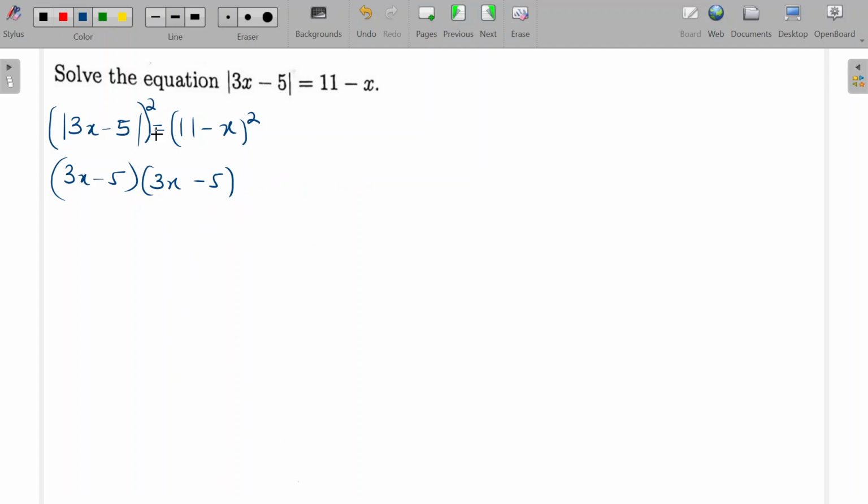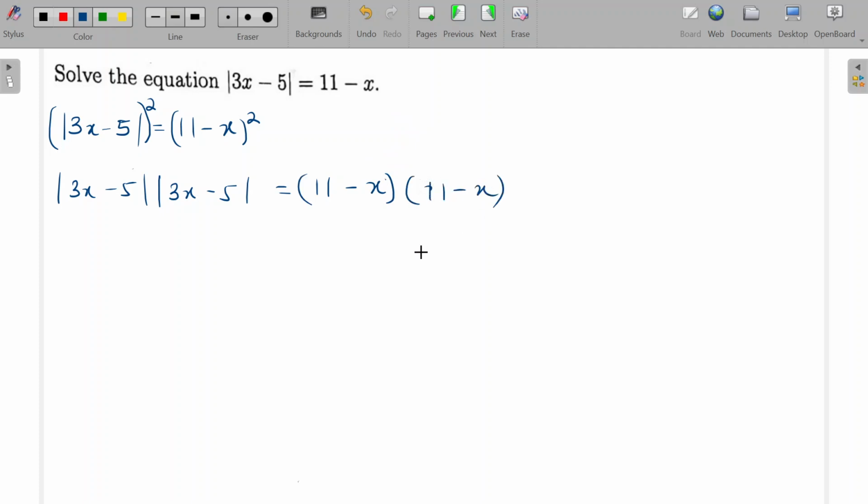When I square both sides, let me just write it like this. When I square the modulus, I'm going to have the modulus of 3x minus 5 again, another modulus of 3x minus 5, is equal to 11 minus x, again 11 minus x.